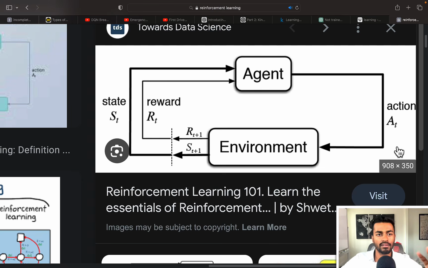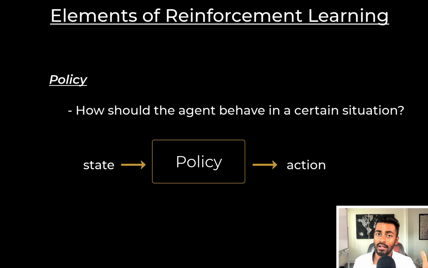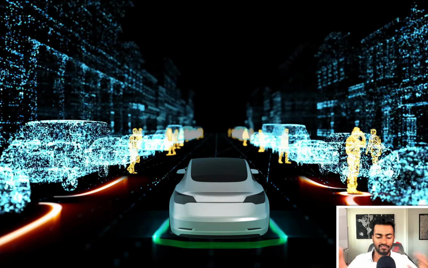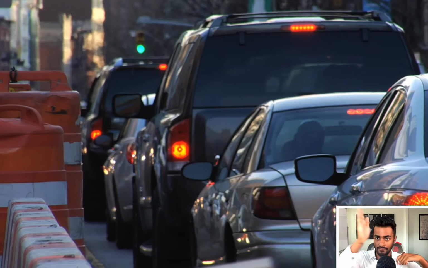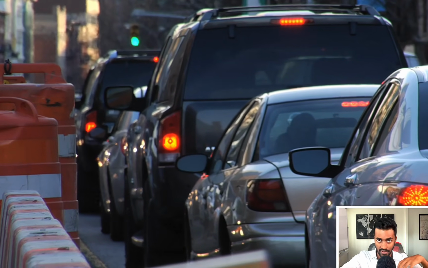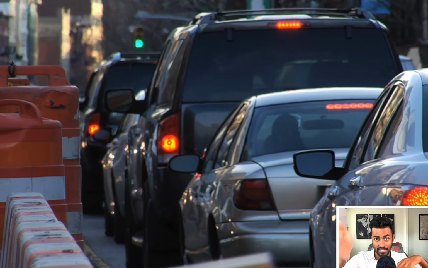Now, let's talk about a few more complex elements here. Policy. A policy determines how an agent behaves in a certain situation. More formally, it is a function that maps a state to an action. Let's say in the self-driving car case, the self-driving car is there, and about 50 feet in front of it, there is a car that has completely stopped.